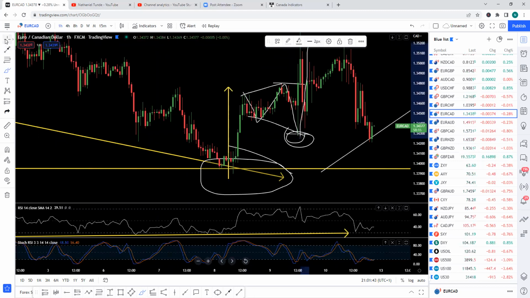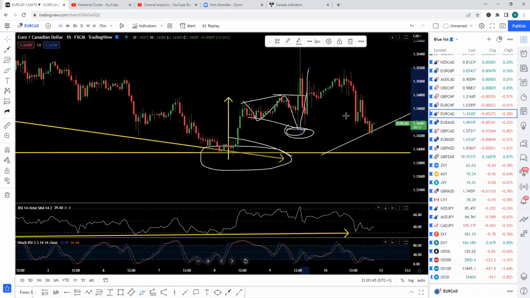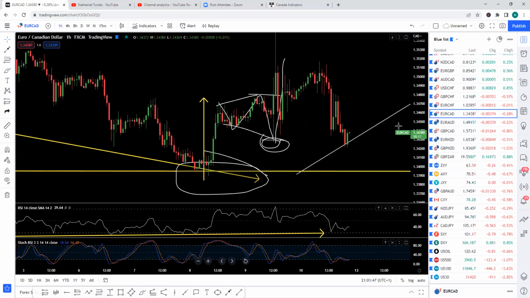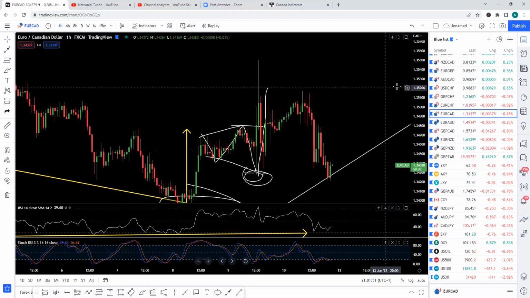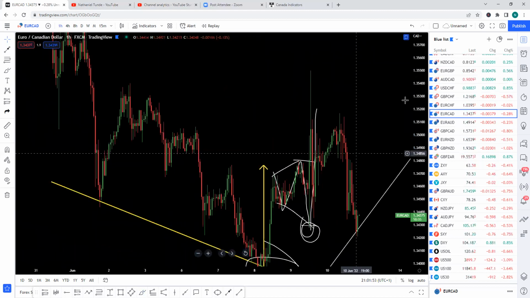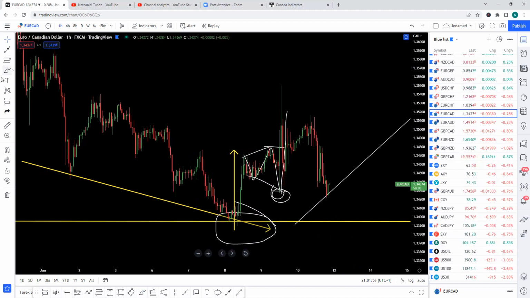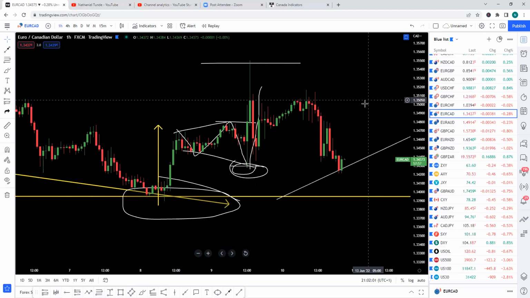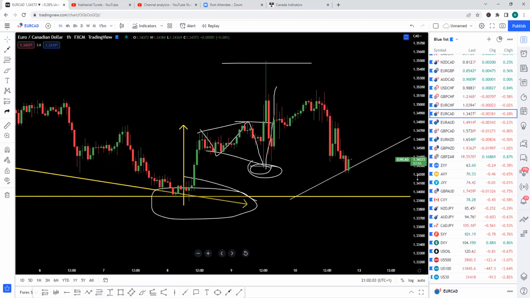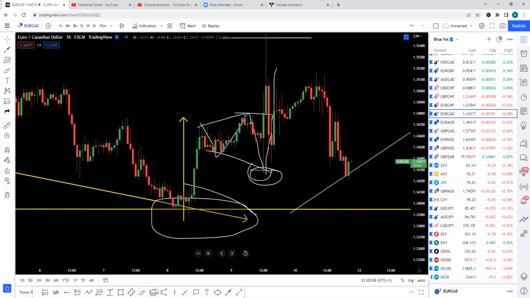Boom, to the upside. But because there was an announcement of increasing rates on euro, as soon as we had up to like 50 or 60 pips to the upside, it flushed down. But the flushing down is also producing a structure that is not new to us. What is the structure, guys?